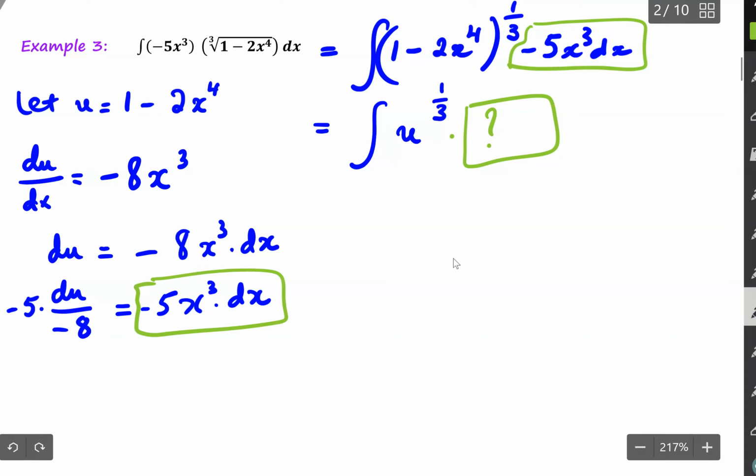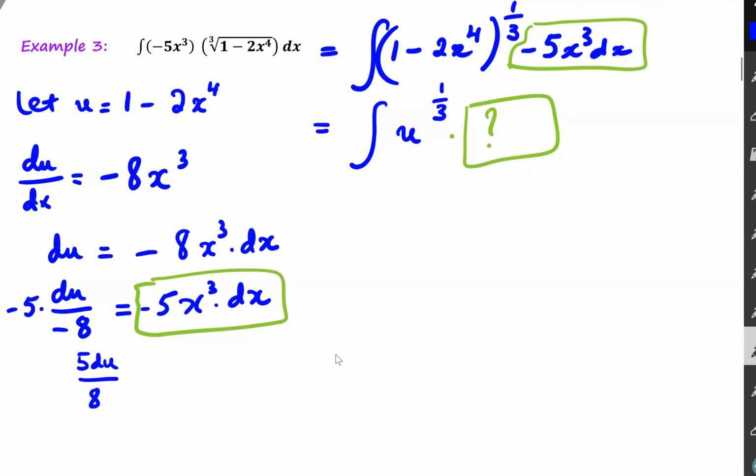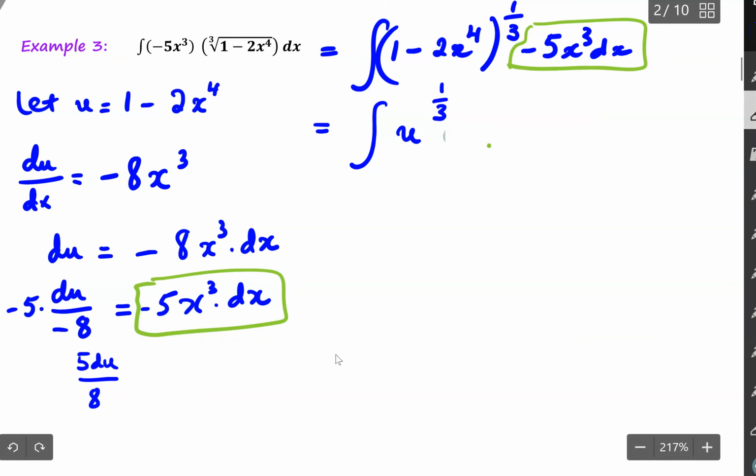So what do we have on this side? Negative 5 times du divided by 8 gives me 5 du over 8. So the question mark now will become 5 over 8 times du.